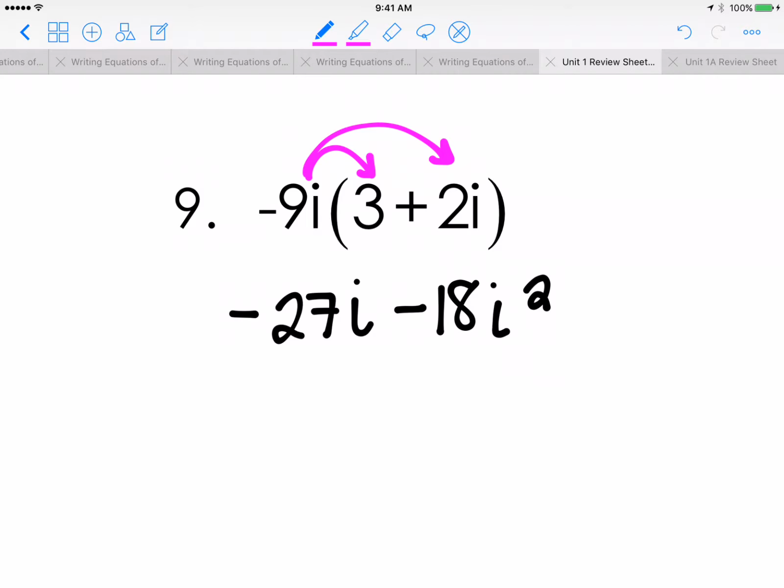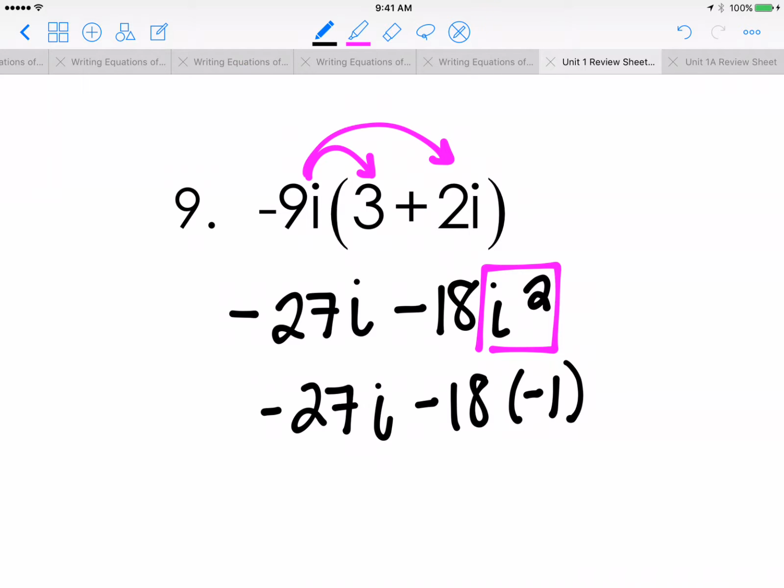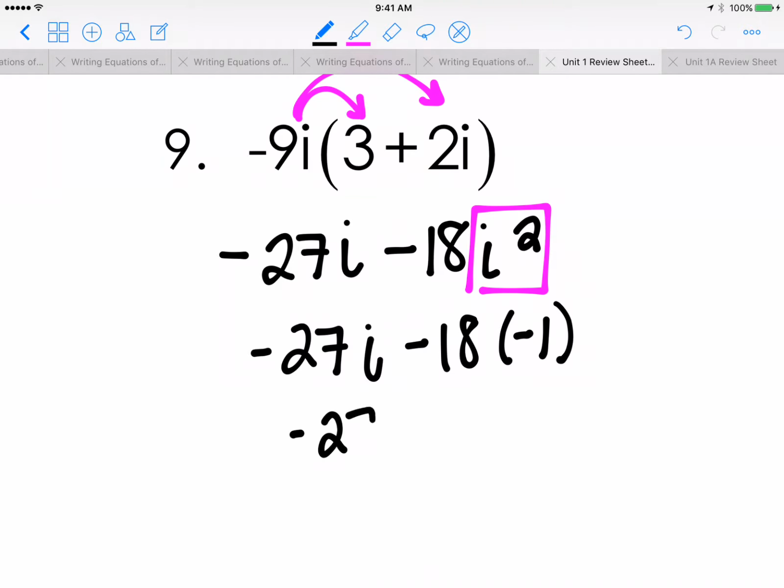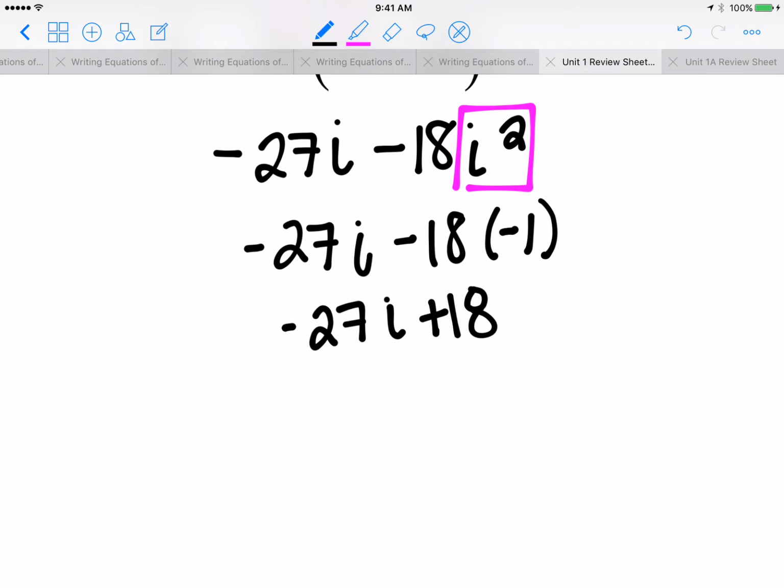So we've got to deal with that i squared. Negative 27i minus 18 times negative 1. So you get negative 27i plus 18. But this isn't in standard form. Remember, it's real number, then the imaginary. So you get 18 minus 27i.